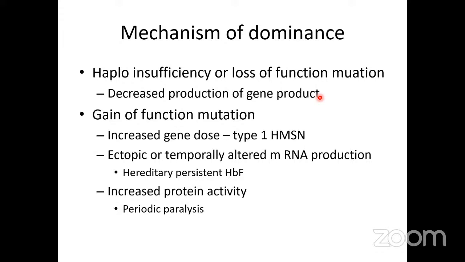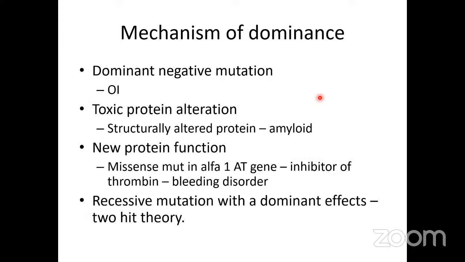or increased protein activity, as in periodic paralysis. Dominant negative mutation, especially we see in OI. OI is basically a collagen disorder. Collagen, we all know, is usually three fibers which coil and form the collagen matrix, and they give the strength.